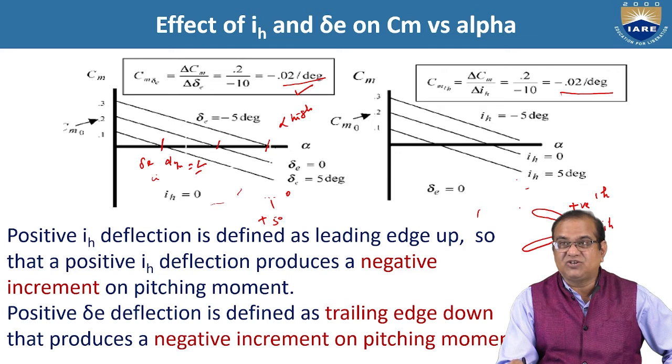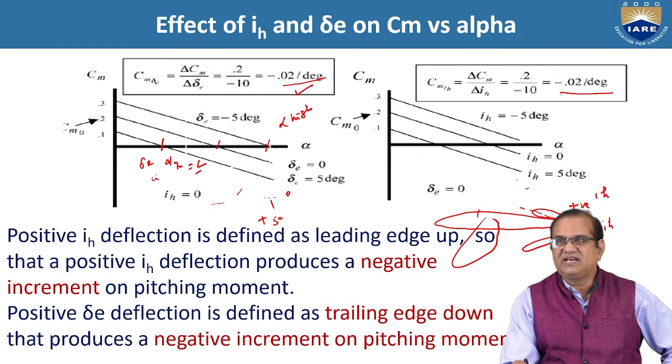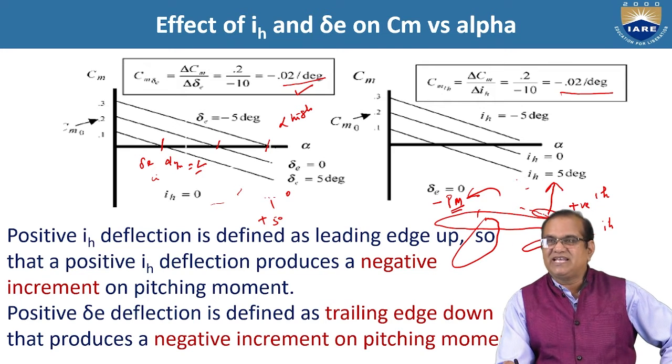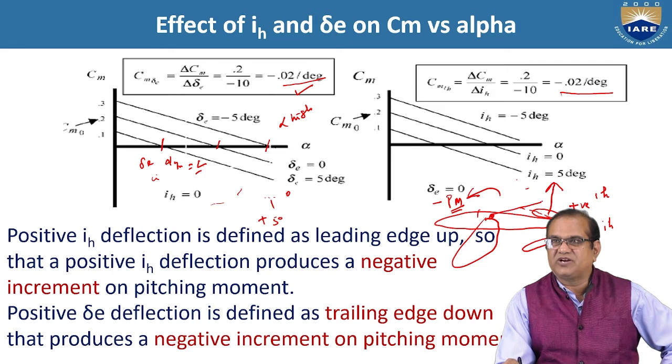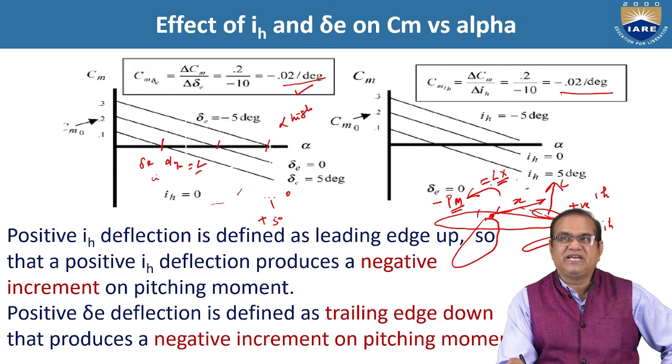If it is positive like this, and here is your aircraft, this is the wing, positive here will produce a negative pitching moment. As you increase the angle of attack positive, lift will be increased, and with this distance from here to here, x, into lift, L into x, that much pitching moment L into x will be generated.